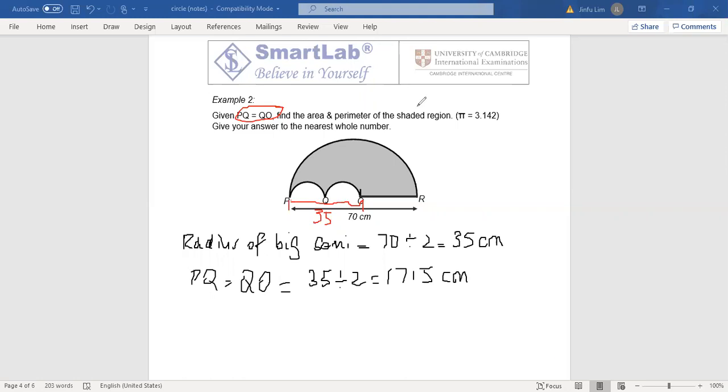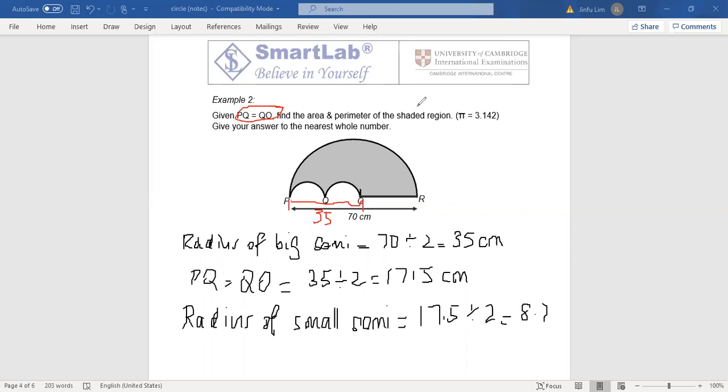This is the diameter of this small semicircle. After that, we can find the radius of the small semicircle. You just take 17.5 divided by 2. This will give you the radius, which is 8.75 cm.